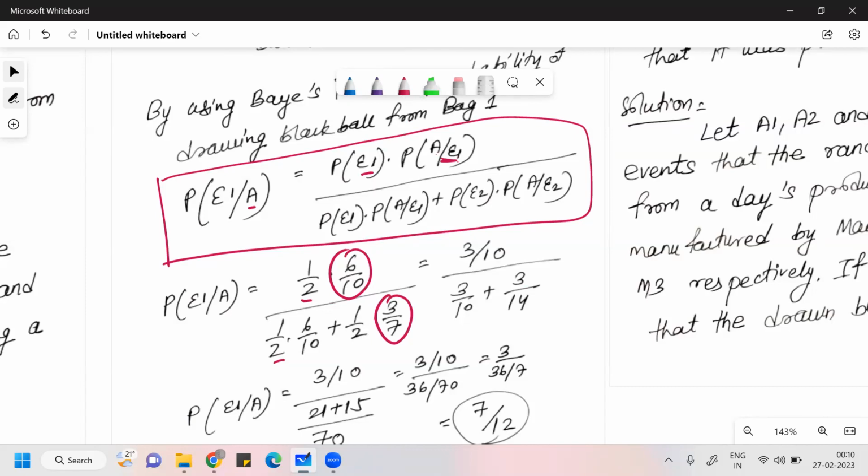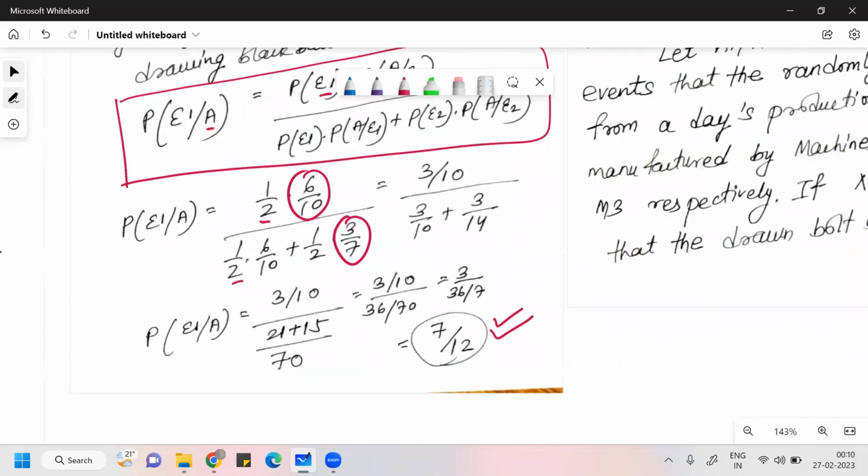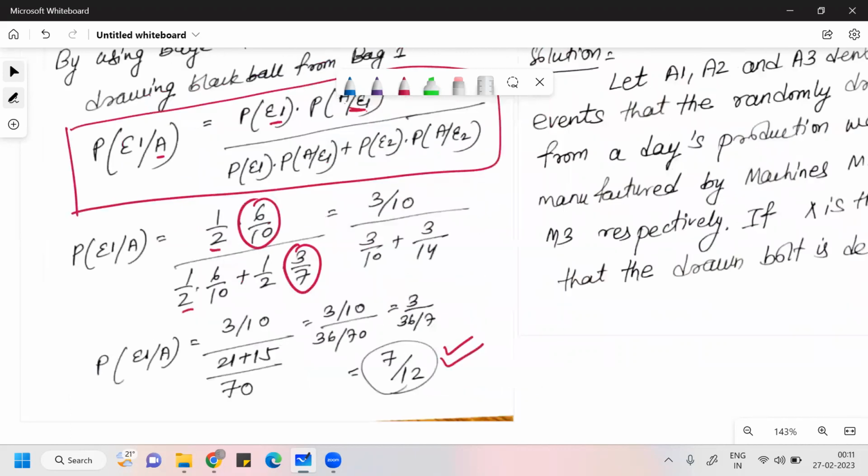You just put everything in the formula and you'll get the answer. The probability of drawing a black color ball from bag 1 is 7 by 12. What is being asked? It is already given that you draw a ball and that ball is black in color. What is the probability that the ball is taken from bag 1? So this is how you work.